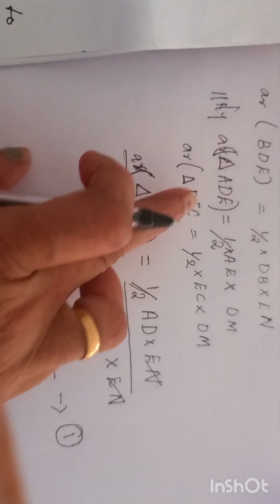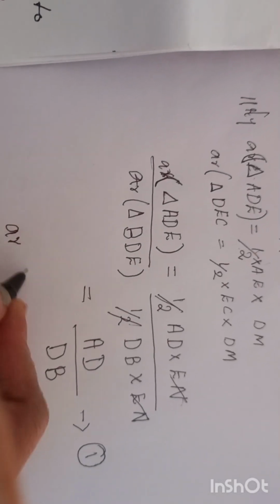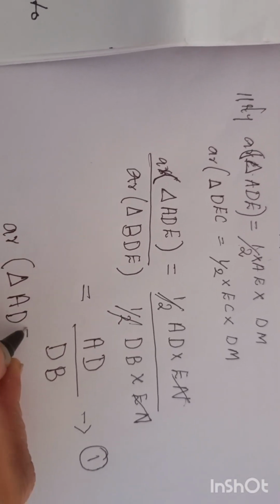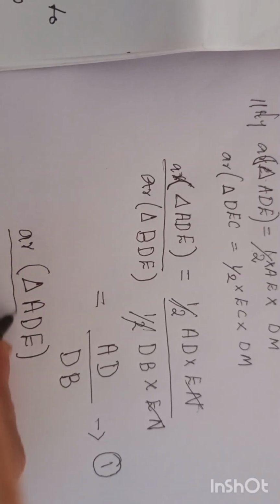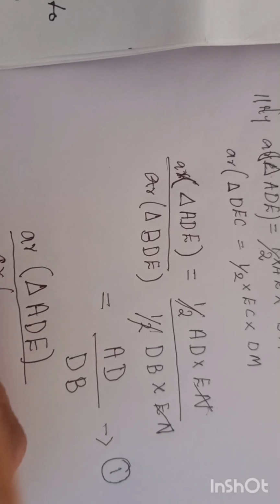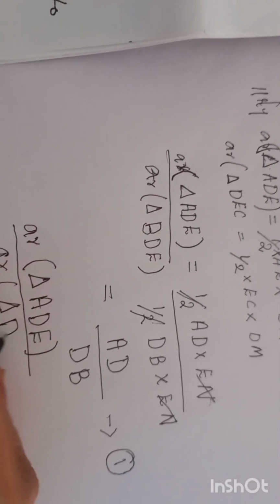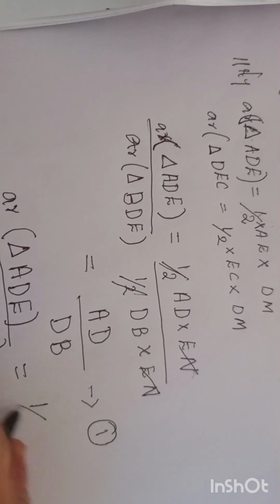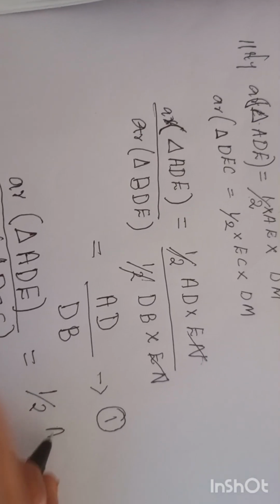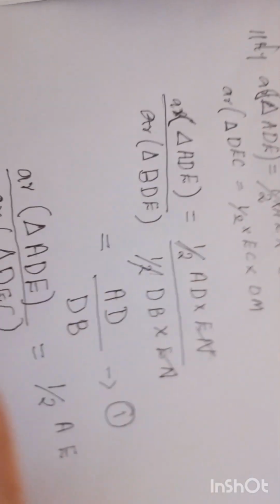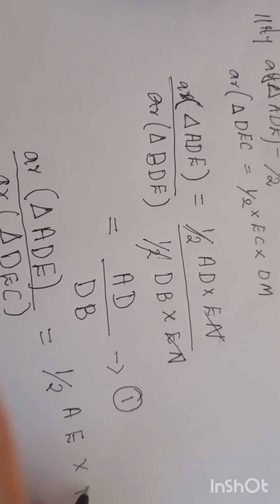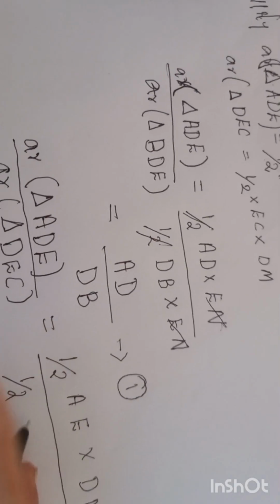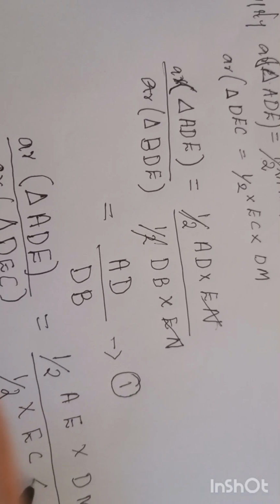Okay. Similarly, we can show area of triangle ADE divided by area of triangle DEC is equal to half into AE into DM divided by half into EC into DM.